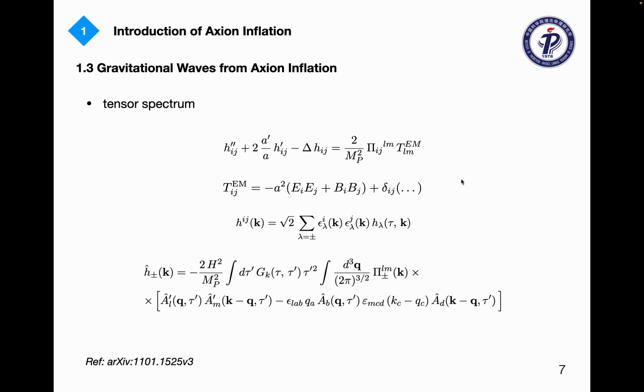Then, since at the left hand side the Green's function is easy to obtain, we can obtain the solution of the h by integral over the source and the Green's function. So the last term is a general form of such solutions without any approximation.